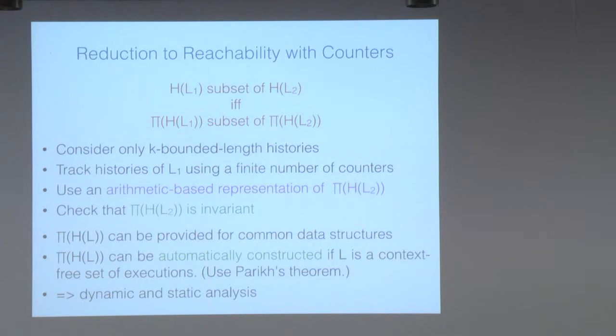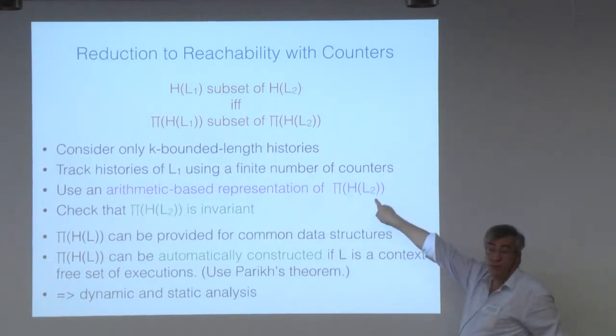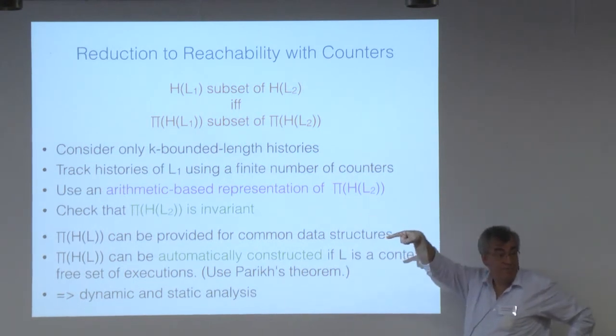Each time, you keep this approximation by keeping precise the information about the last k intervals. Of course, technically you need some work, but this is what you can do, and you build a monitor which is going to track this information along the paths. And you have to check each time that what you get is in this representation of the second library.